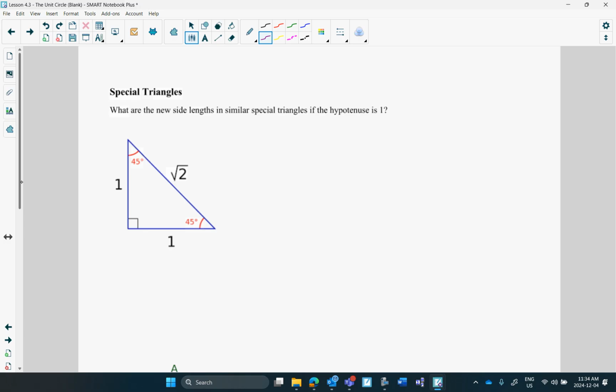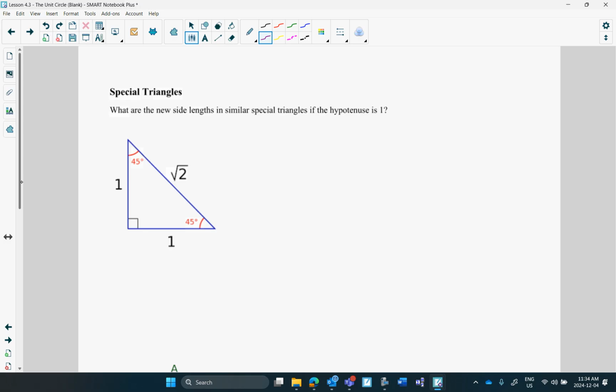So what I need to do is I need some triangles that have 45, 30, and 60-degree measures in them, but also have a hypotenuse of 1. Okay? That allows me to put it inside the unit circle and use that formula. Well, here's a 45. So I've created a 45-degree, 45-degree, 90 angle. And I'm going to call this side 1. Why is this side also 1?